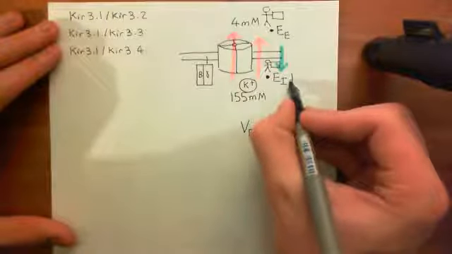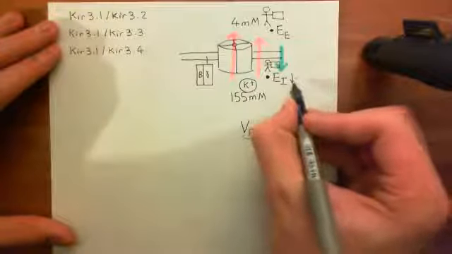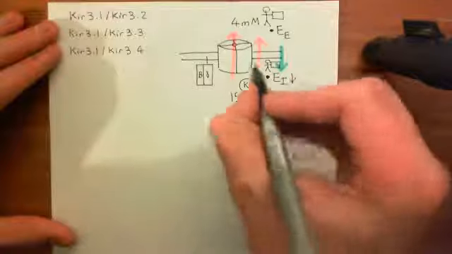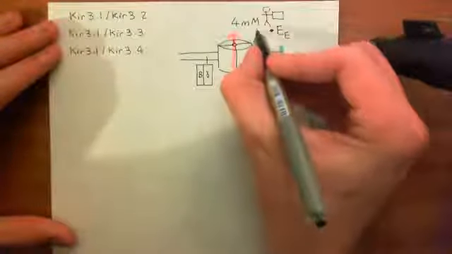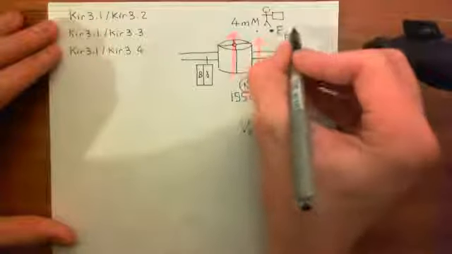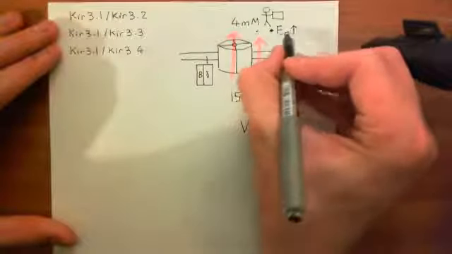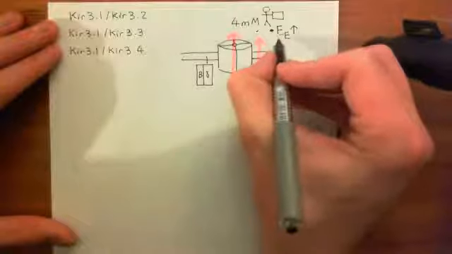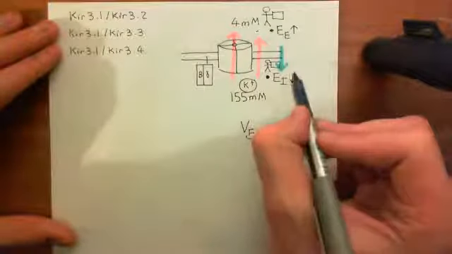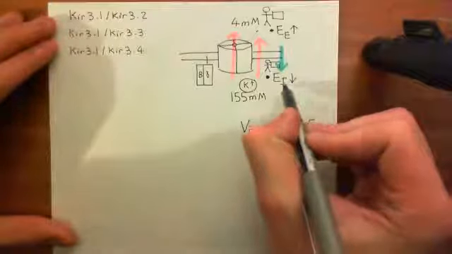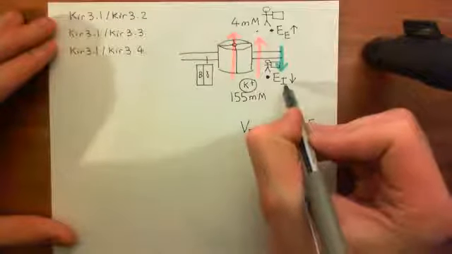So the electrical potential of the intracellular compartment is going to go down. Then when you dump the positive charge into the extracellular compartment, the electrical potential there is going to go up. So positively charged ions make the electrical potential higher. So you're going to raise the electrical potential extracellularly, and you're going to reduce the electrical potential intracellularly.